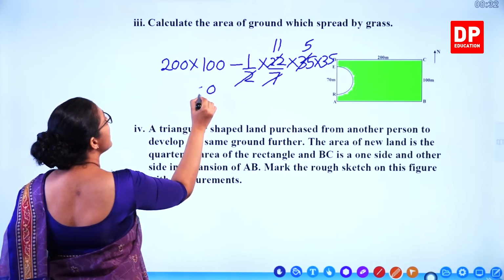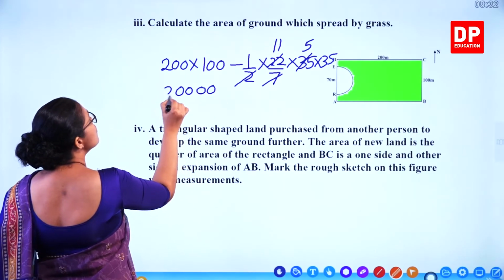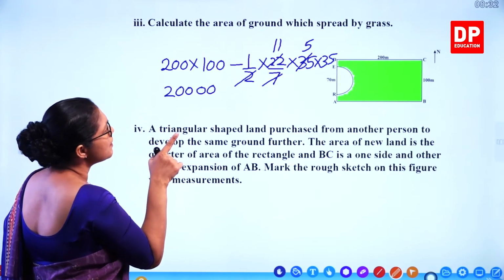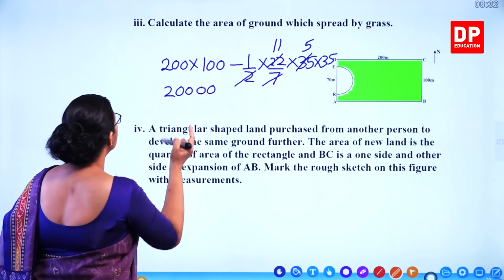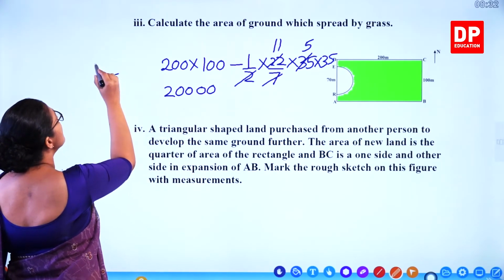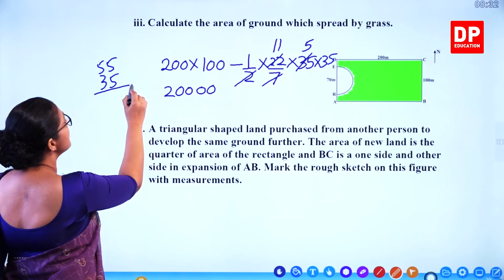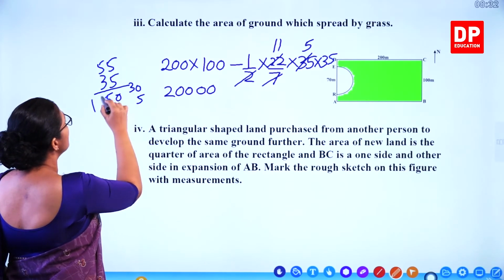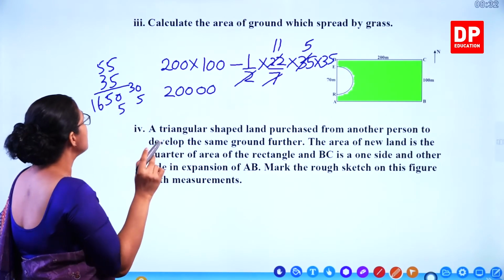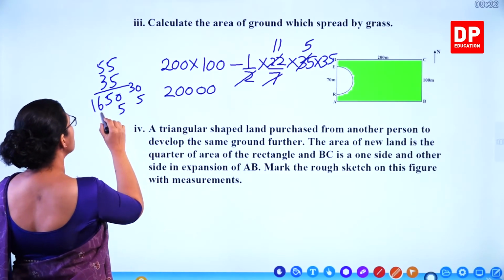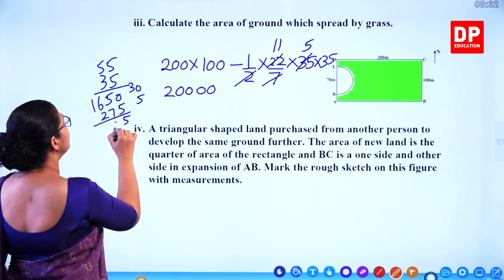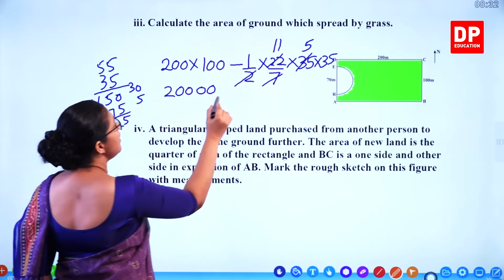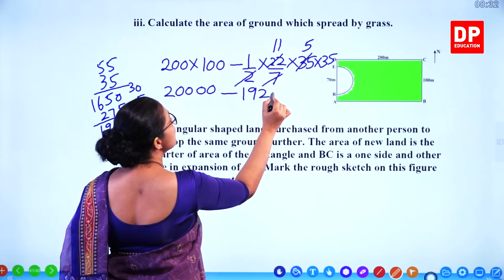So here we get 20,000. What's 35 times 55? So you can do the calculations. 35 times 55. 30 and 5. You get 5 times 5, 25. 5 times 5, 25 plus 2, 27. 1,925.